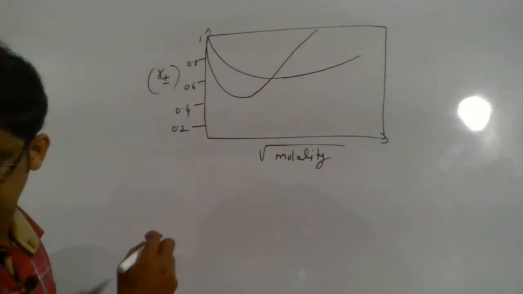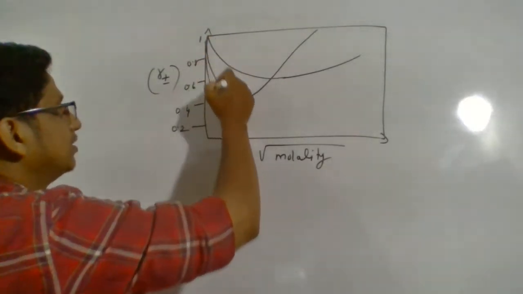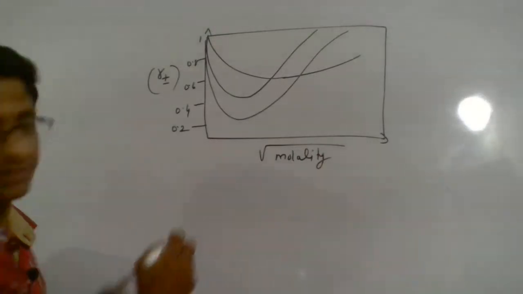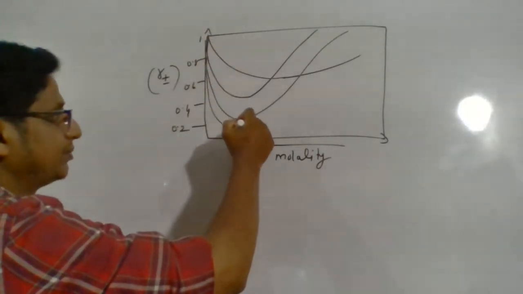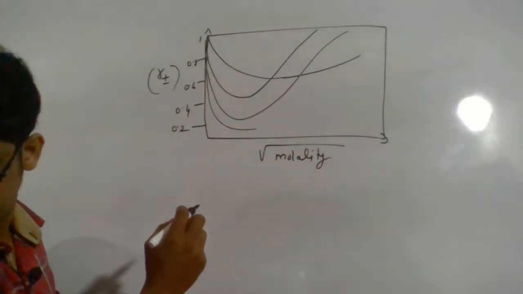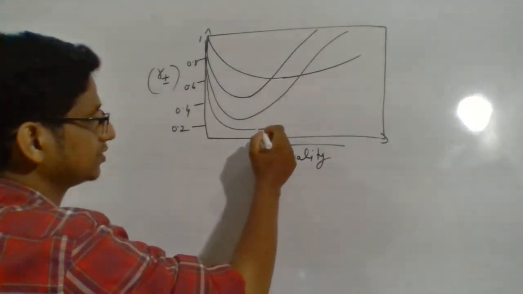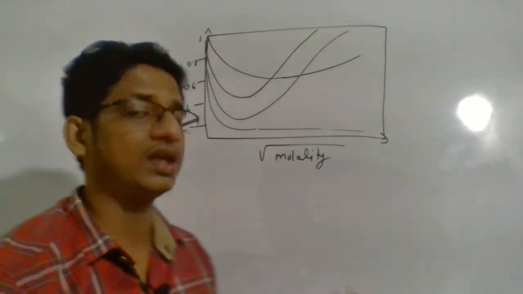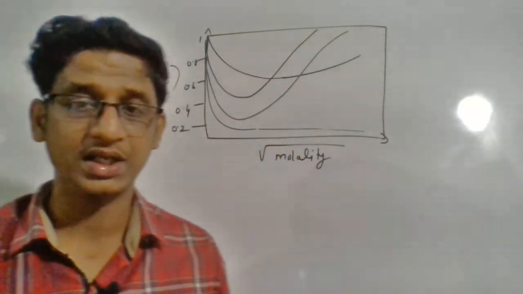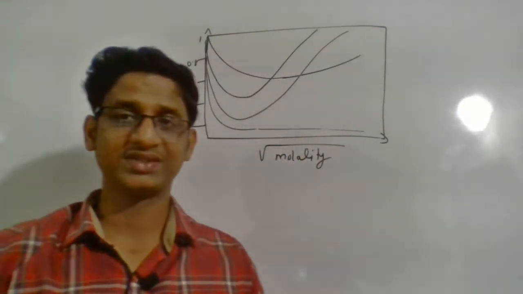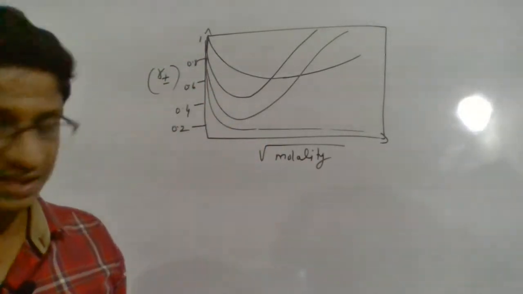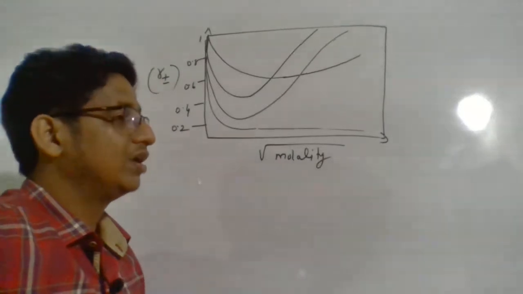And for another electrolyte it will be just like this, and another type of electrolyte is decreasing, and now it's going steeply like this. So different electrolytes behave differently. That's the point you can understand if you plot a graph between mean ionic activity coefficient versus molality.